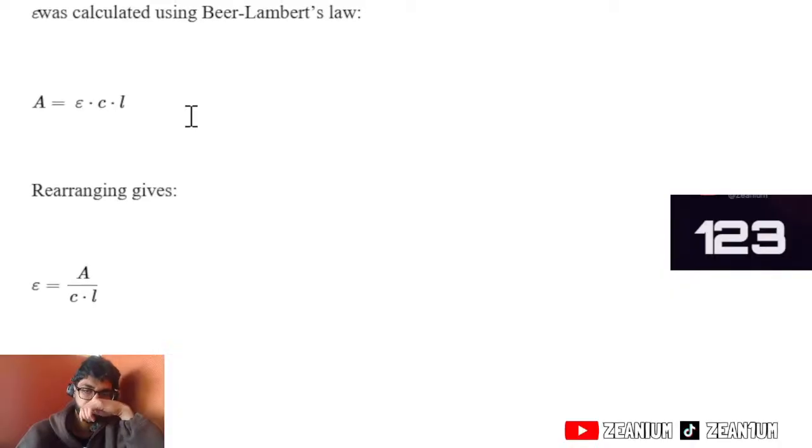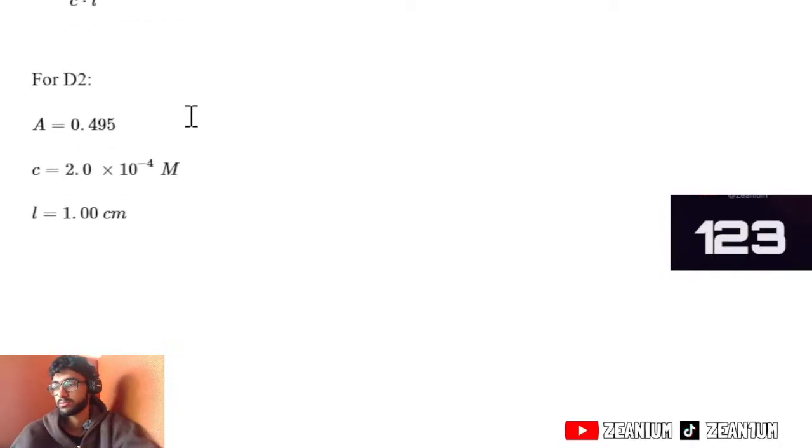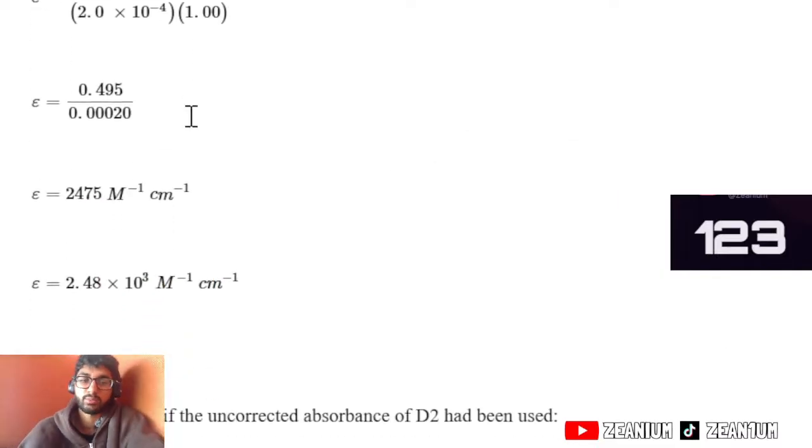Then I used Beer's law to calculate epsilon, and it gave me an epsilon of about 2,475. That's pretty good because the literature value said 2,400. So it's good.